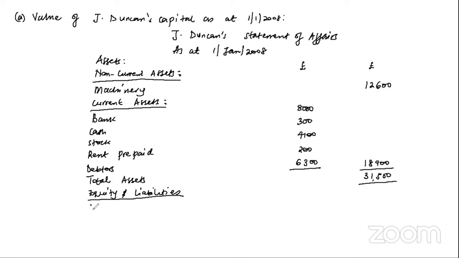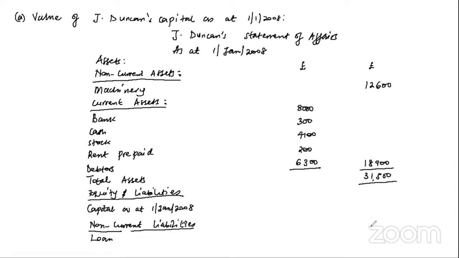So I have my capital as at 1st Jan 2008, which we don't have. Then I have a non-current liability. I'm treating this loan as a non-current liability.